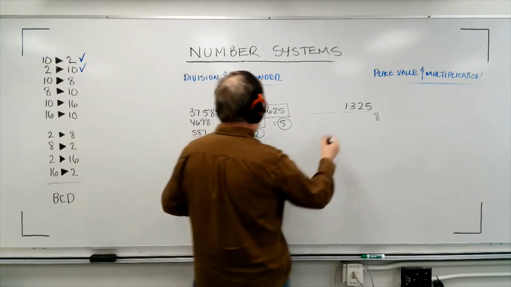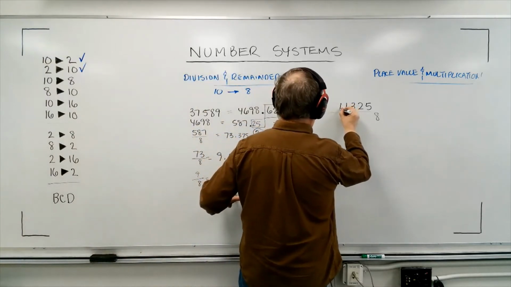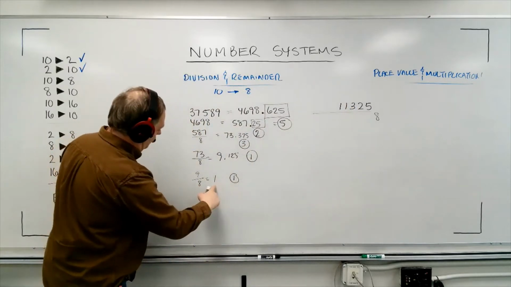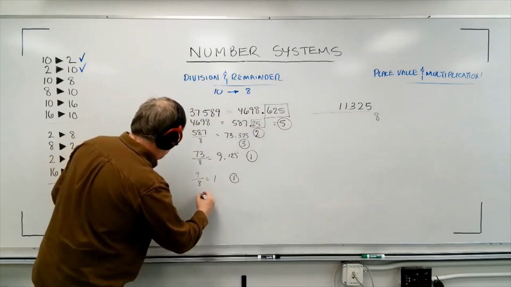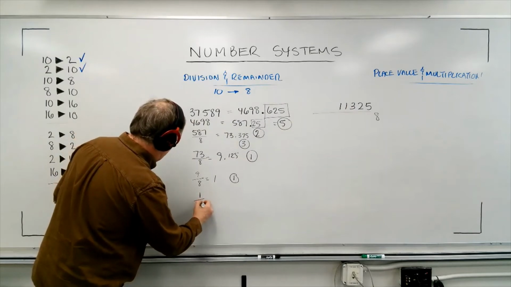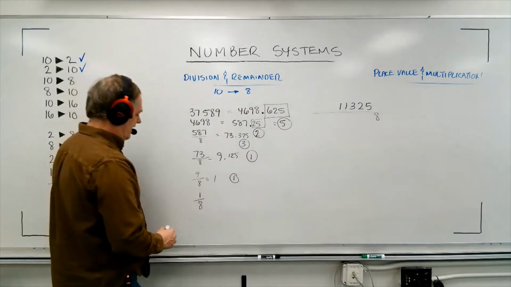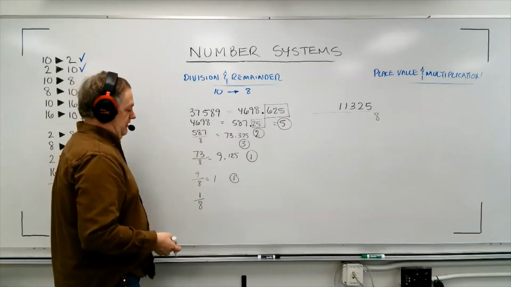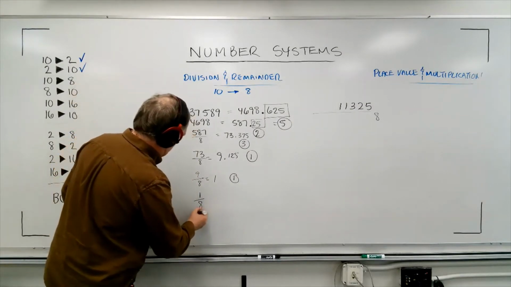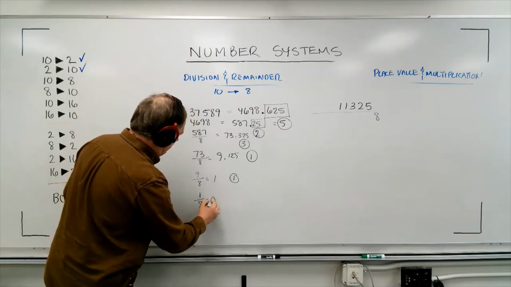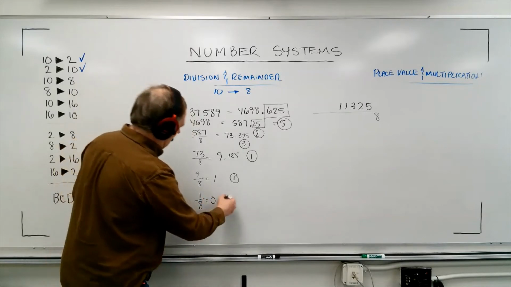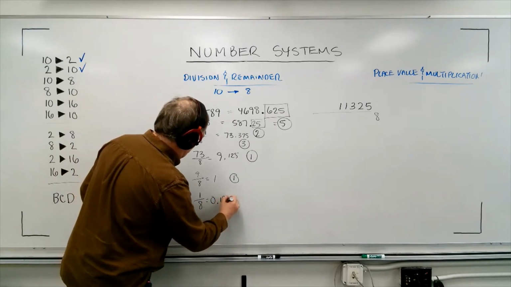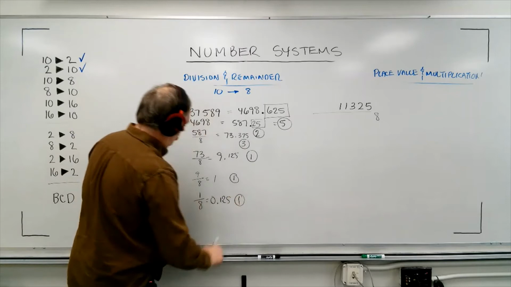So the remainder 1 goes up here. Now, I still have 1 that I have to deal with. So I go 1 divided by 8. Well, 1 divided by 8, it's just 1/8. And so really, I don't have any groups. This does not equal any groups of 8, but I do have 0.125, which means that my remainder is actually 1.